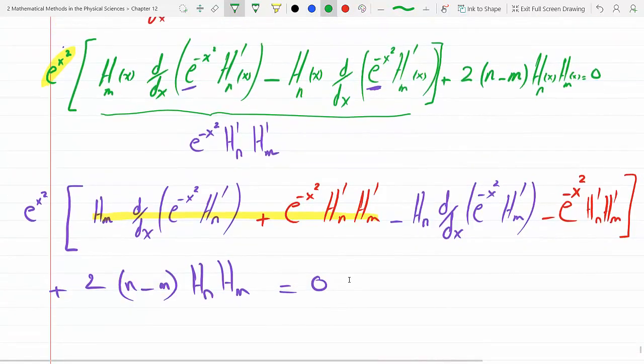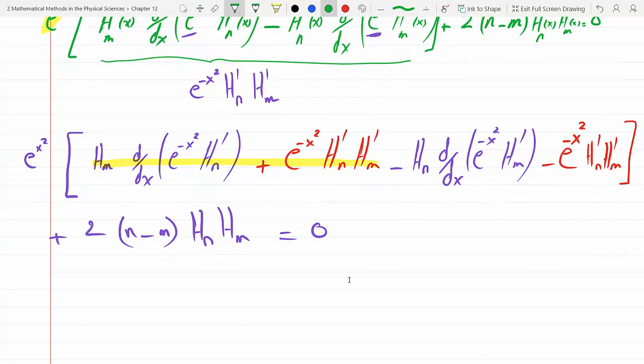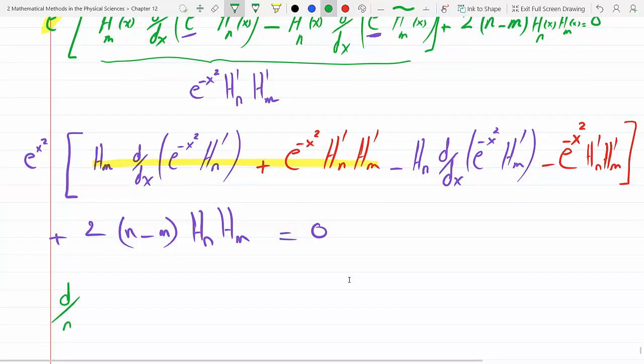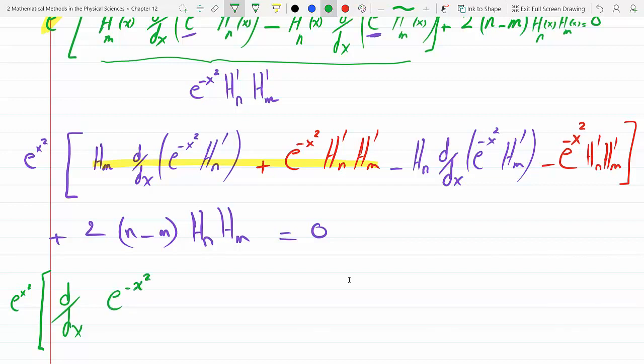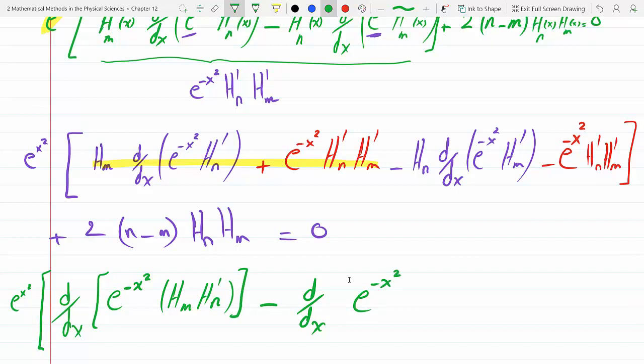If I were to rewrite the above green expression, or the expression where I added and subtracted those two terms, I could now rewrite it as d over dx of, there's an e to the x squared outside. Okay, this doesn't change. d over dx of e to the minus x squared h_m h prime n, okay, so this is all the derivative, minus d over dx of e to the minus x squared h_n h prime m.